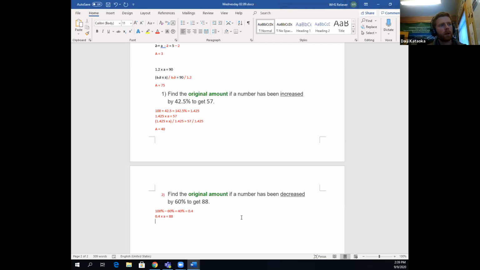And what's the next step? 0.4 multiply A, divided by 0.4, equals 88 divided by 0.4.